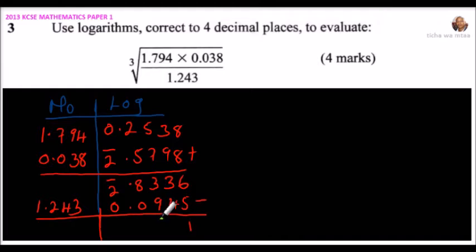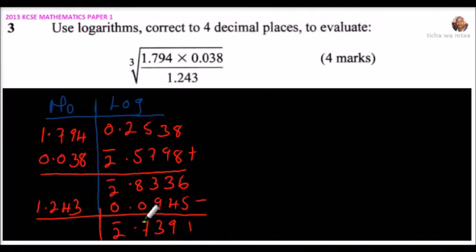So this will give us 1. We borrow 1 here, you get 13, so that you get 9. Here it is 2, we borrow 1 here, you get 12, so you get 3. Here we had borrowed 1, so we remain with 7, minus 0 remains 7. And here it is bar 2 minus 0, bar 2.